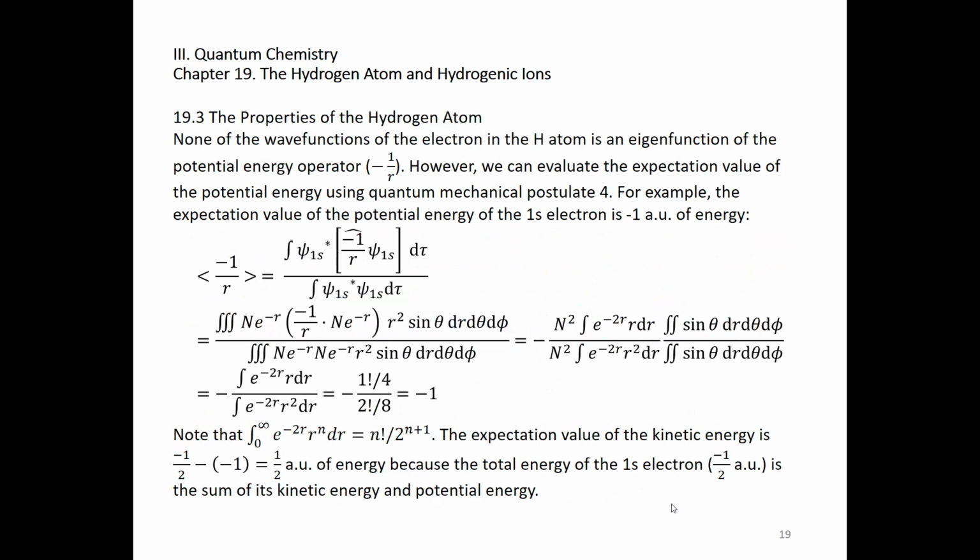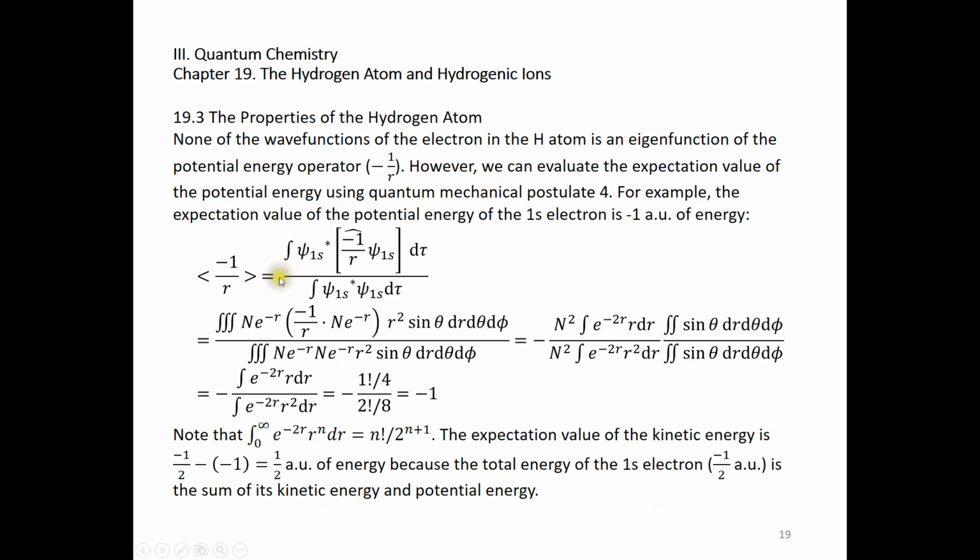Now, the wave function of the electron in the hydrogen atom is not an eigenfunction of the potential energy operator. That means we will never know the exact potential energy of the electron in the hydrogen atom. However, we can evaluate the expectation value of the potential energy using quantum mechanical postulate 4. For example, let's look at the 1s electron in the hydrogen atom.